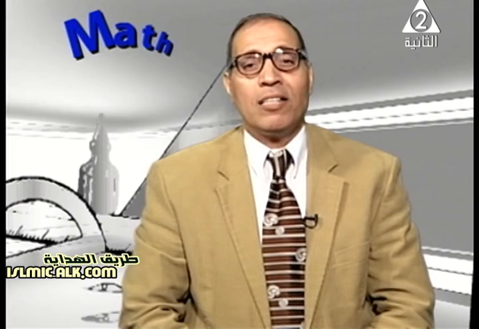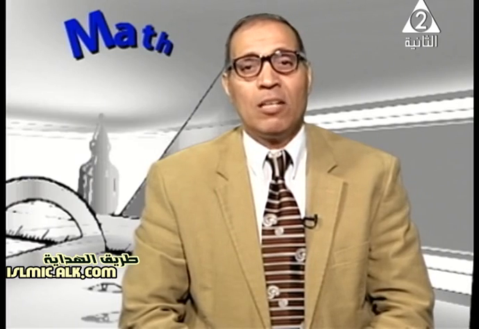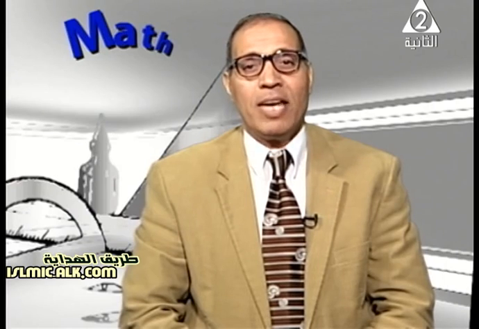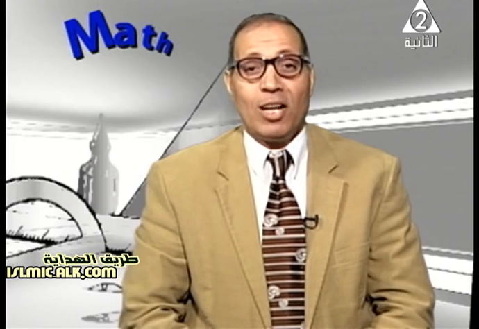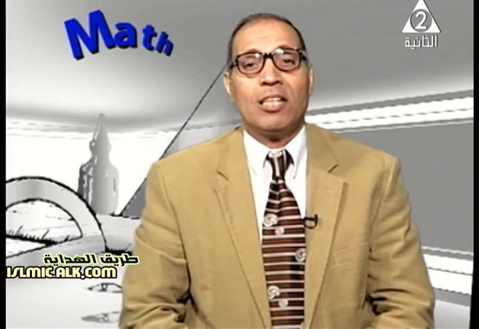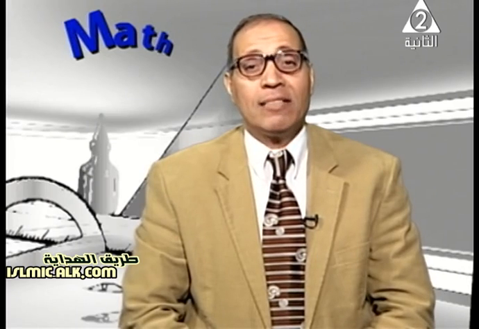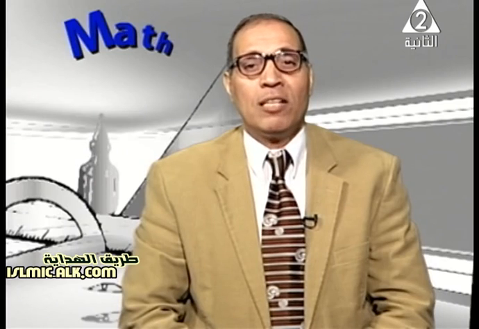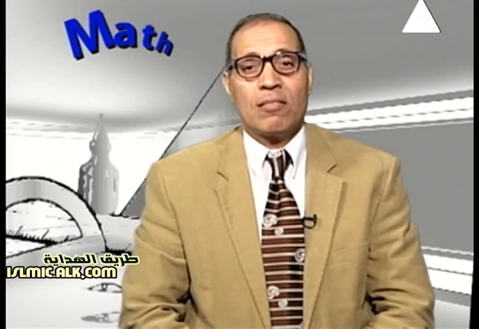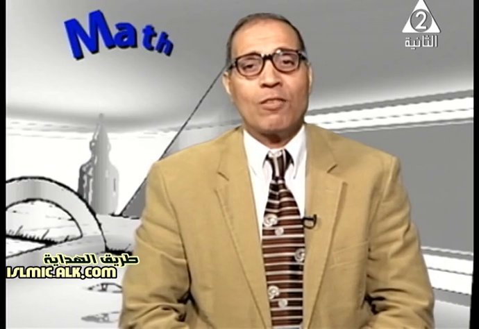Remember, i is called the imaginary number from the complex number x plus iy. What is i? It is the square root of negative 1, and we know i square equals negative 1, i power 3 is negative i and i power 4 equals 1. Dear student, now we solve this example by using all the properties of the imaginary number and omega.